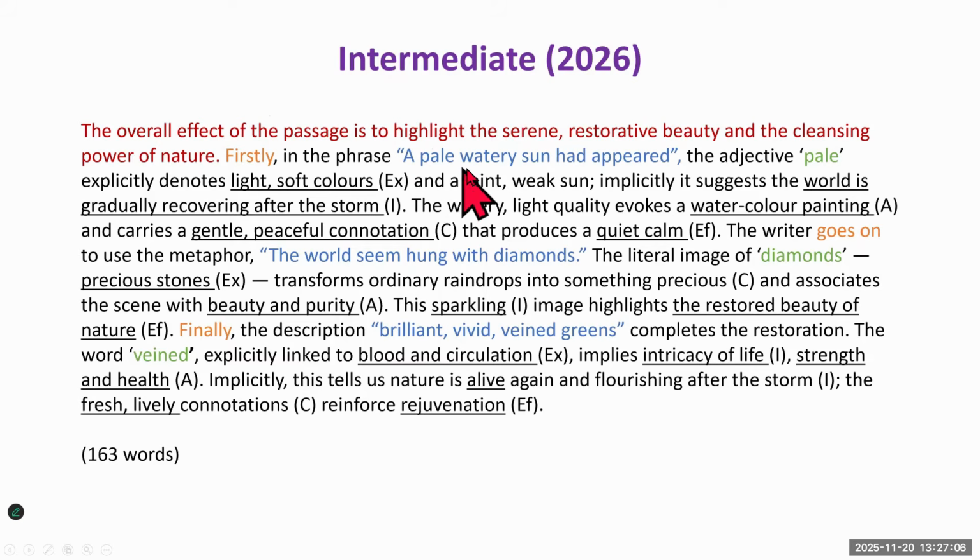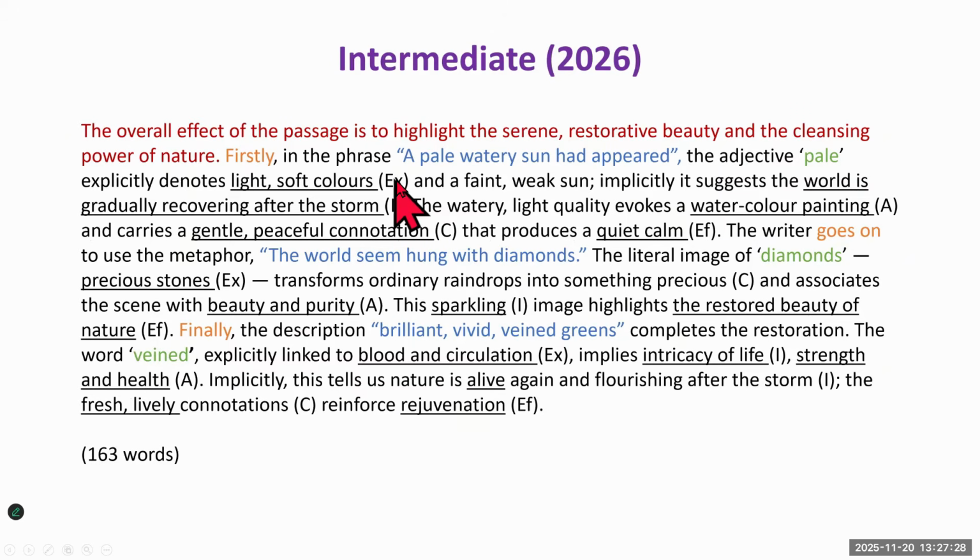Firstly, in the phrase, a pale, watery sun had appeared, the adjective pale explicitly denotes light, soft colors and a faint, weak sun. So I have my phrases again in blue. And the words I've zoomed in on in green.